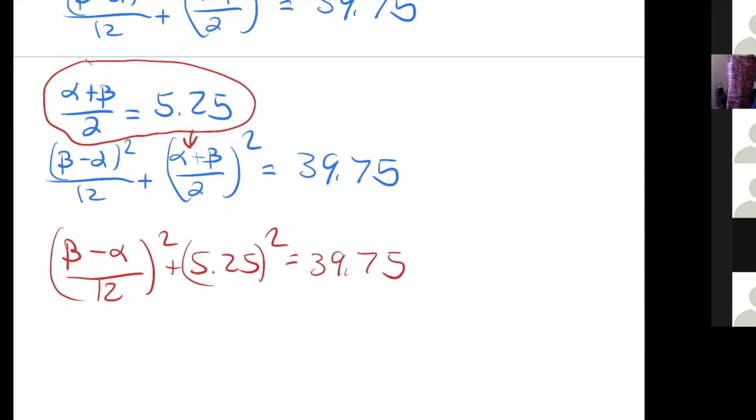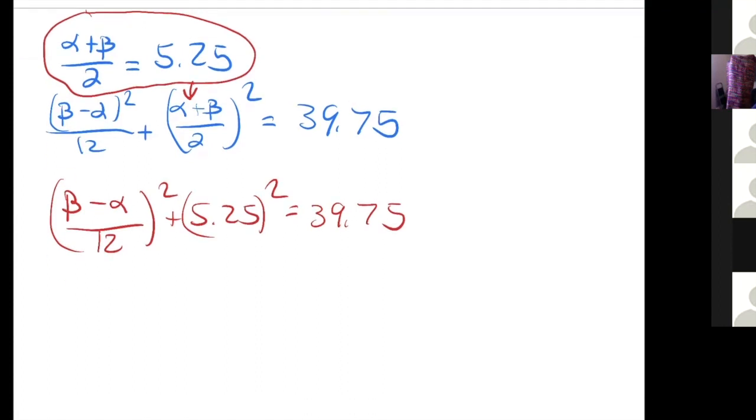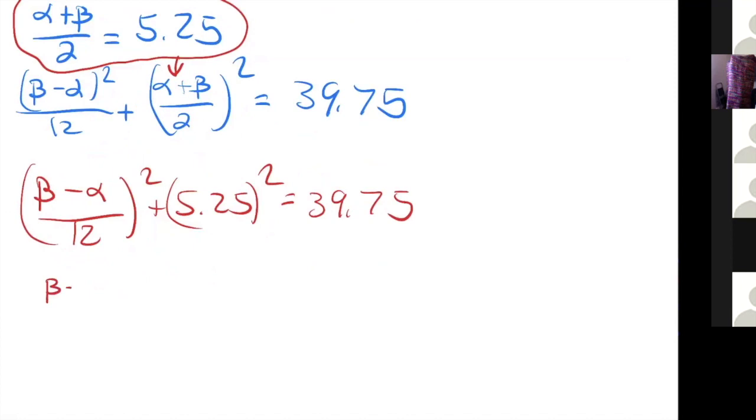Then I can bring the 5.25 squared over, take the square root, bring the 12 over, and we can solve this equation and get that beta minus alpha is 12.093. Again, that's just taking the equation I have up here and solving it for beta minus alpha: bring this over, multiply by 12, and then take the square root.